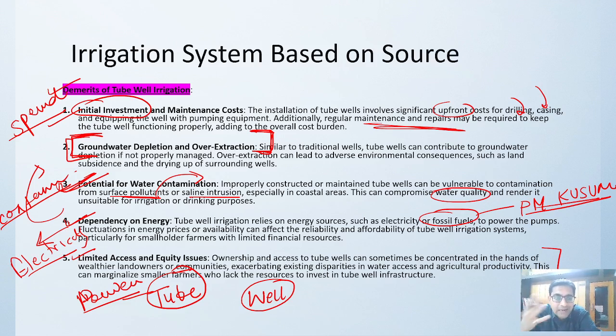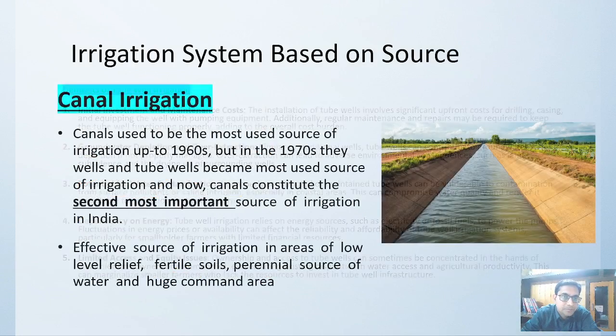Okay, so marginalized people, small scale farmers, medium farmers don't have resources to invest in the tube well, so they normally go for the traditional way of working. So these are some of the demerits of irrigation using tube wells.